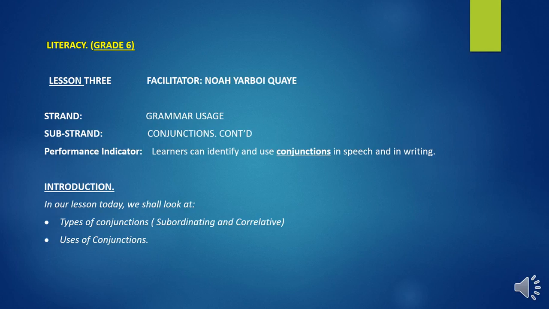Anytime they are used to join two independent sentences, the name given to that sentence is a compound sentence. So that is the rule of coordinating conjunctions.